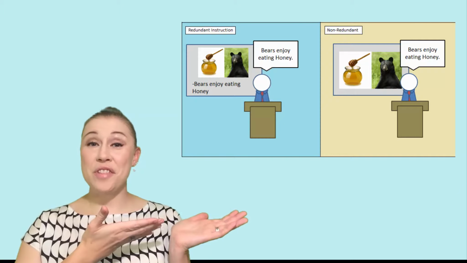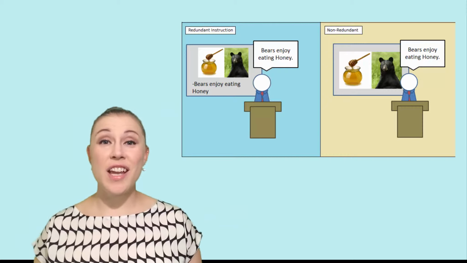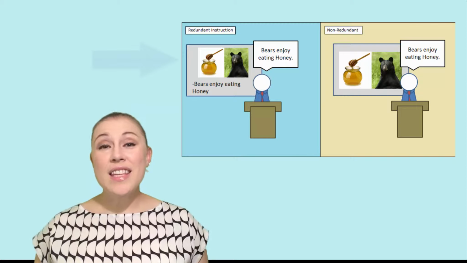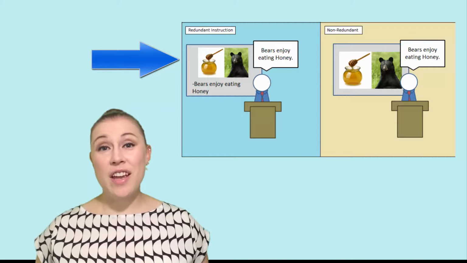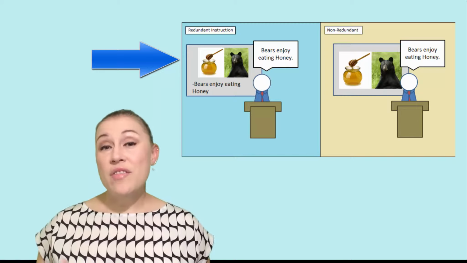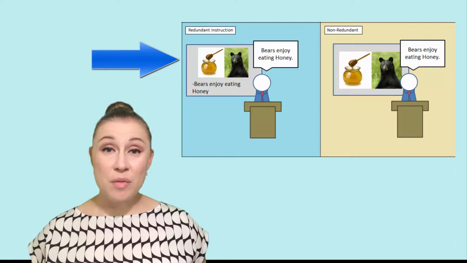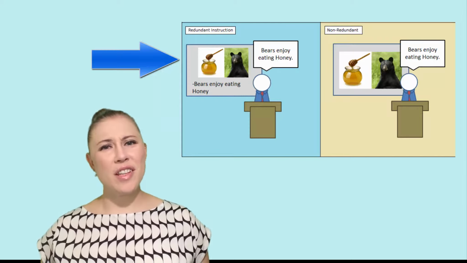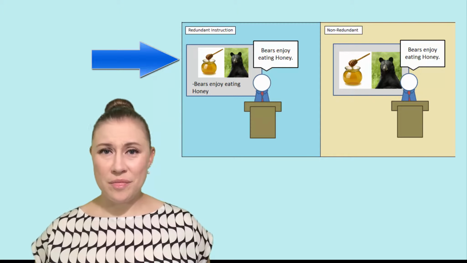Here is a really good example of an educator being redundant in the classroom in a different way. In this picture, you see the educator has a picture that they're showing the students, the information in typed words with the picture, and then the educator is reading the words on the picture out loud.